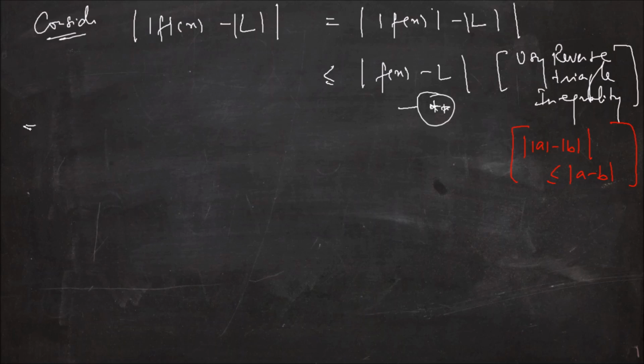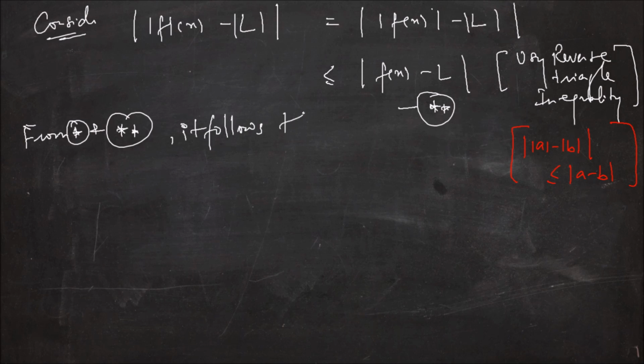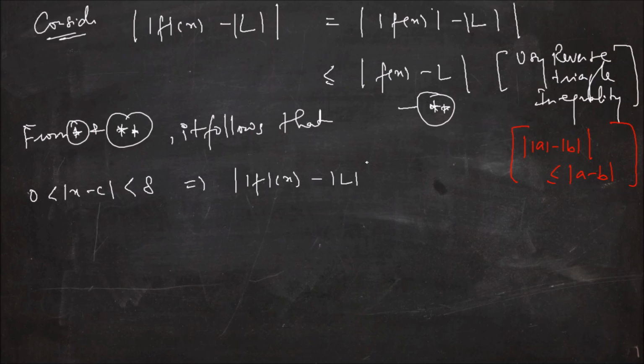So from star and double star, it follows that 0 less than mod x minus c less than delta implies mod of mod fx minus mod L is less than epsilon.